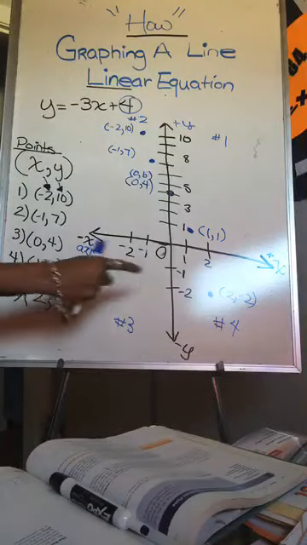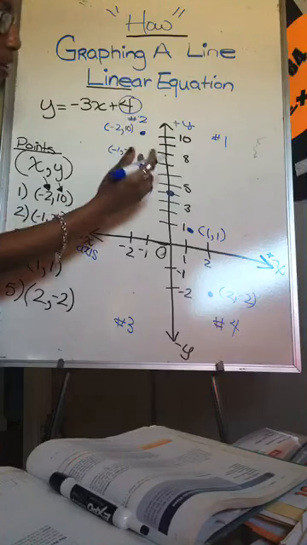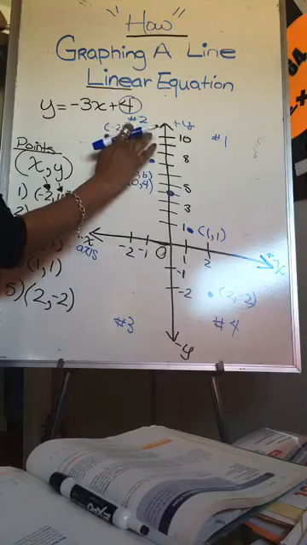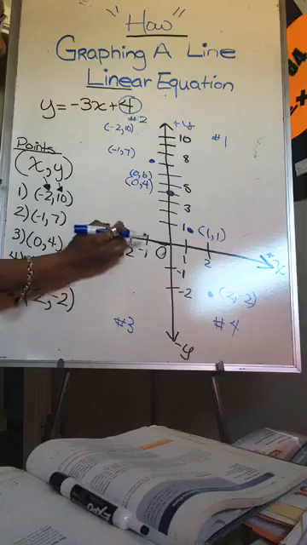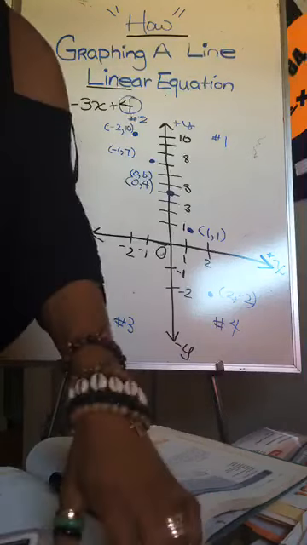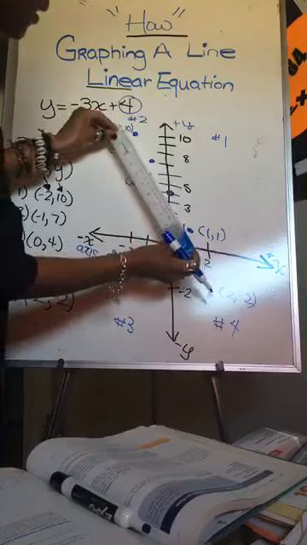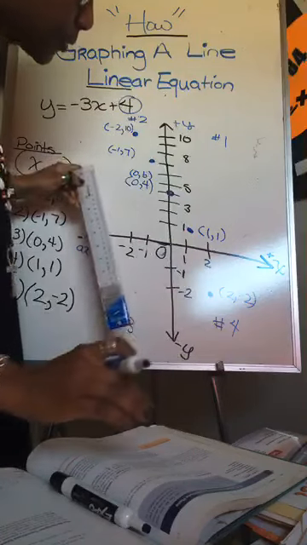All right, so now we have our points, and you can see I'm a little off here. Negative 2, I need to shift over a little bit so it can look right when I create my line. So now you can see, well, I need to bring that over too.